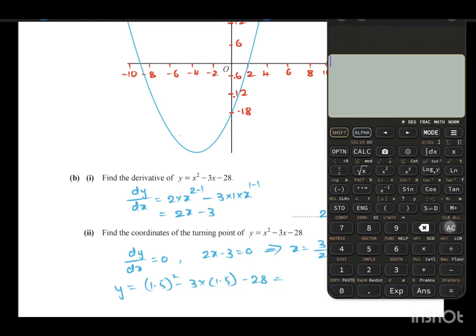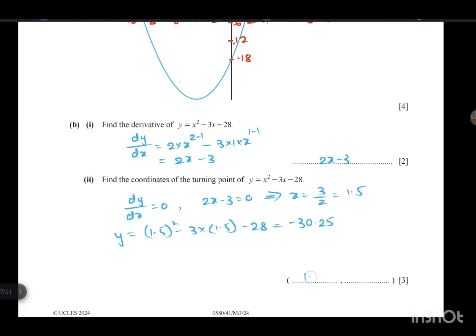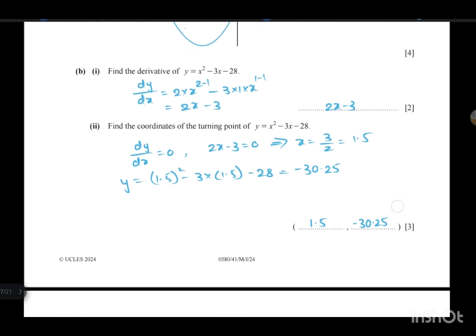Find out. 1.5 square minus 3 into 1.5 minus 28 is minus 30.25. So this will be the turning point where x is 1.5 and y is minus 30.25. Question number B, 1, 2 is done.